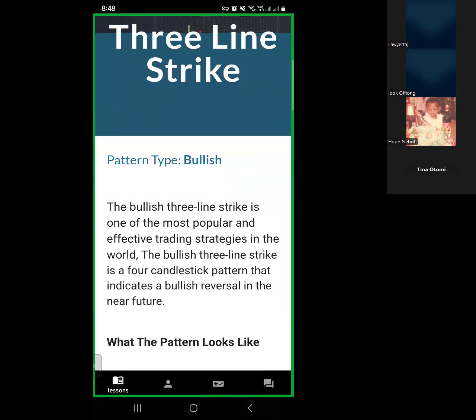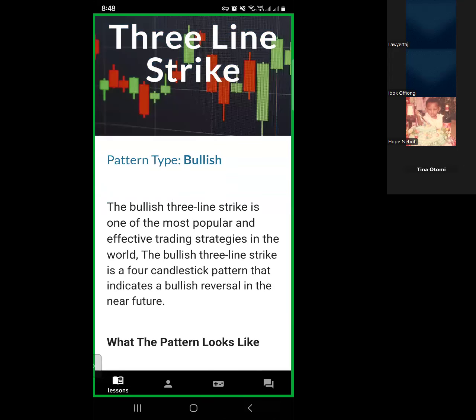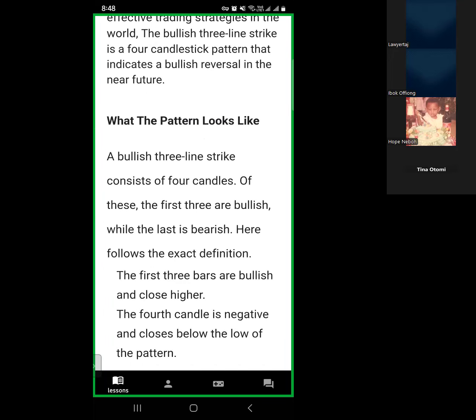The bullish three-line strike is one of the most popular and effective trading strategies in the world. The bullish three-line strike is a four candlestick pattern that indicates a bullish reversal in the near future. What does the pattern look like?